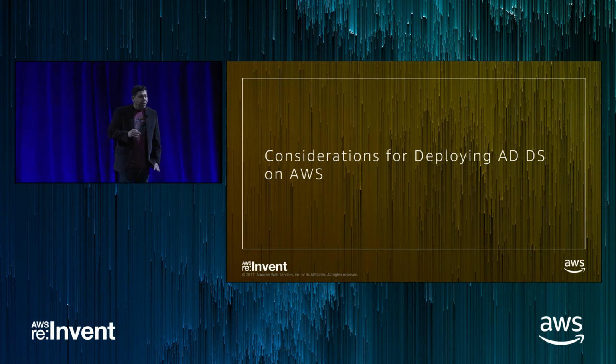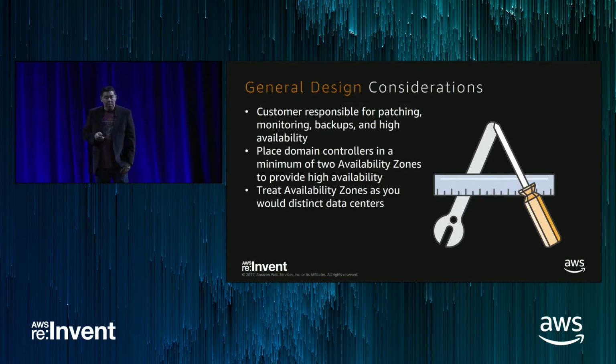So it's pretty similar to your experiences in deploying it on-prem. However, there are some considerations that you want to keep in mind when you deploy it on AWS. So we're going to talk about those over the next few slides.